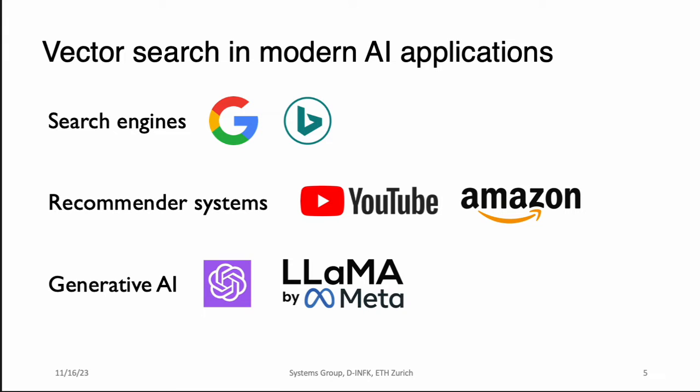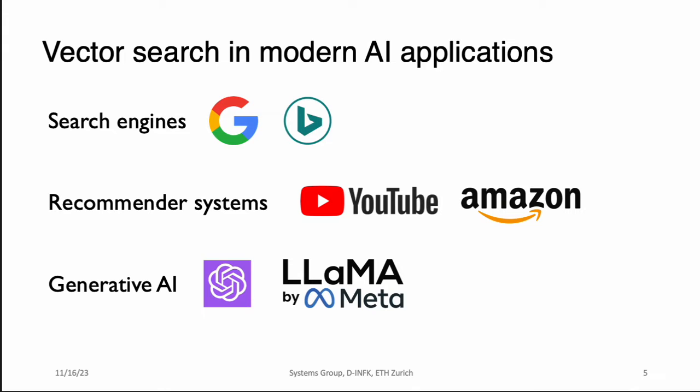And finally, many generative large language models are also enhanced by vector search, known as retrieval augmented generation. You may have already heard that these large language models can speak non-factual content. In retrieval augmented generation, we couple a large language model with an external knowledge database, and during generation, the model retrieves knowledge relevant to the current context and uses the retrieved content as part of the input for generation.